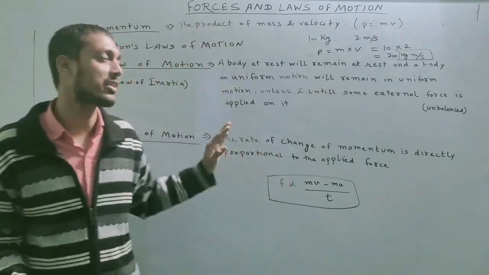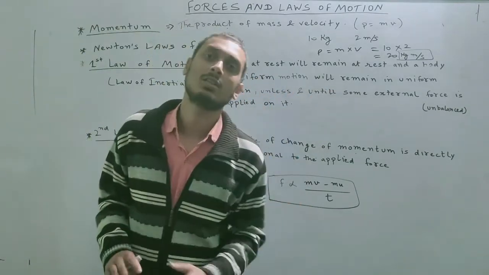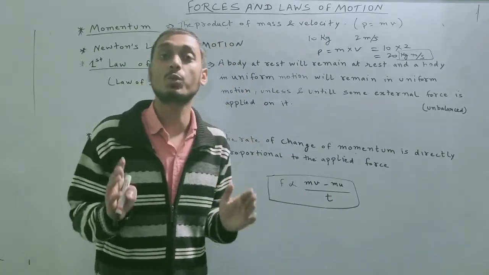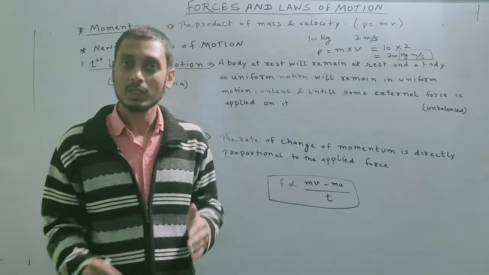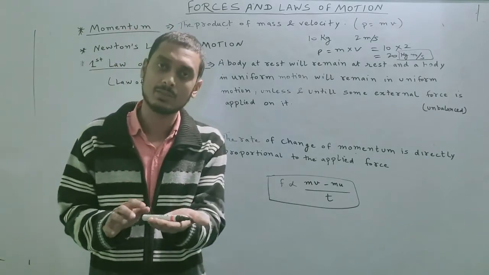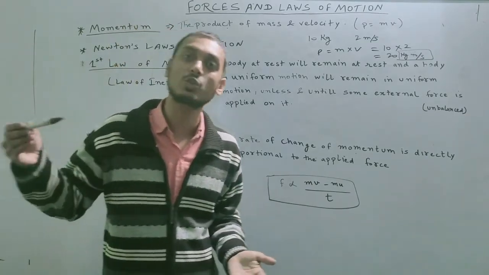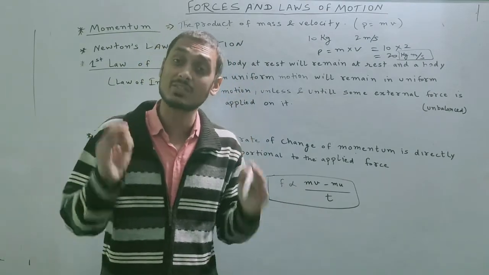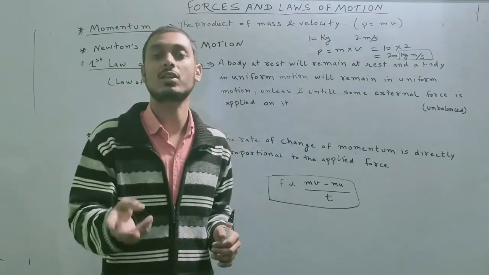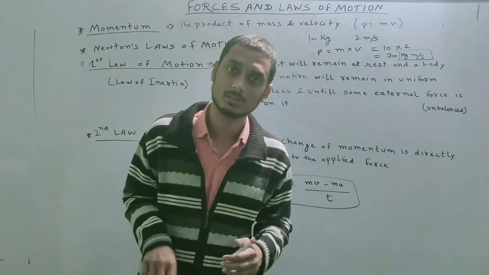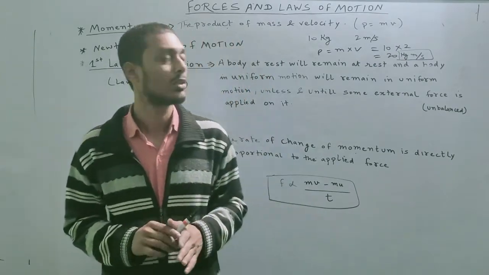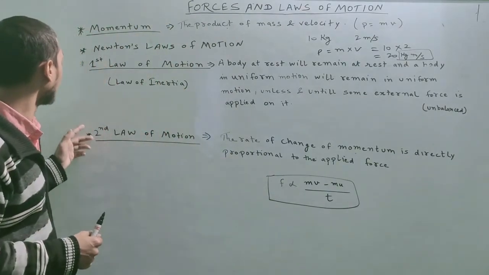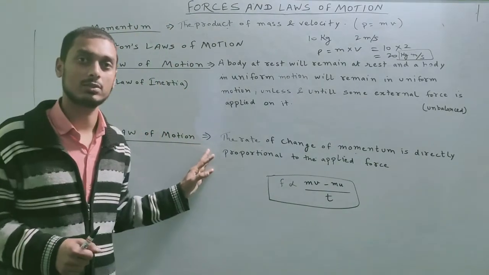Let me explain this by an example. This first law of motion says that if the body is at rest or in uniform motion, it will remain in the same state unless an external force is applied on it. Okay, understood? Now let us move forward to the second law of motion.